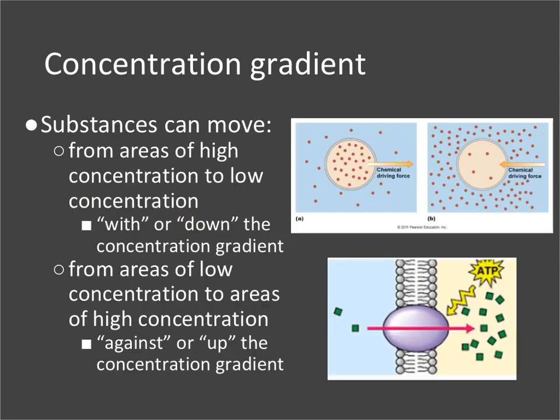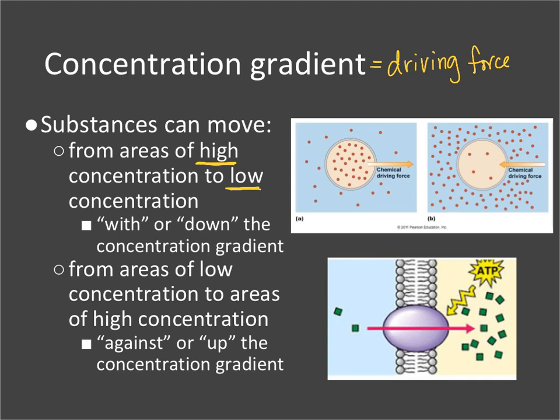These concentration gradients can be a driving force, which means that molecules or substances can be forced to move from one area to another area. Now, in some cases, these substances are going to move from areas of high concentration to low.